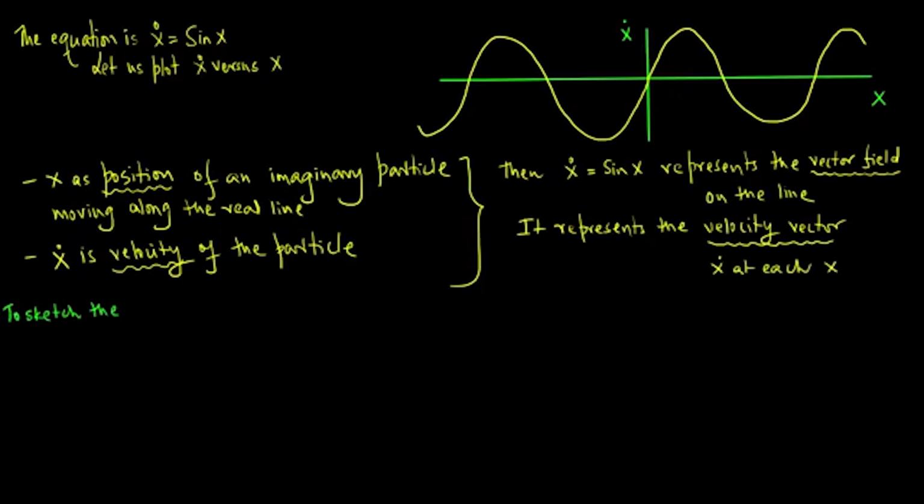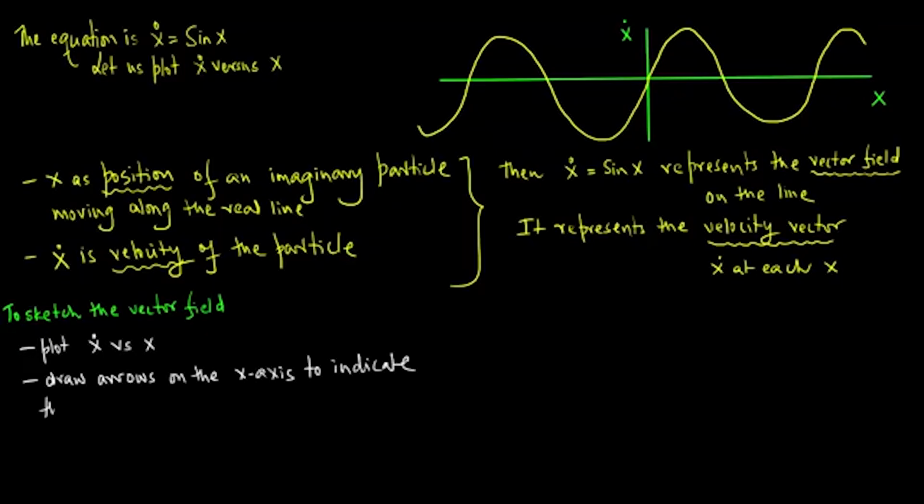Now to plot the vector field, we do the following. Plot x dot versus x, draw arrows on the x-axis to indicate the corresponding velocity vector at each x.